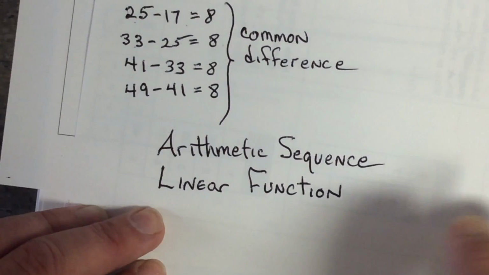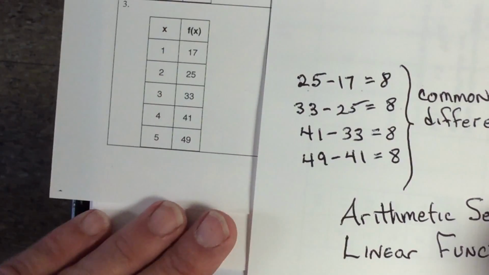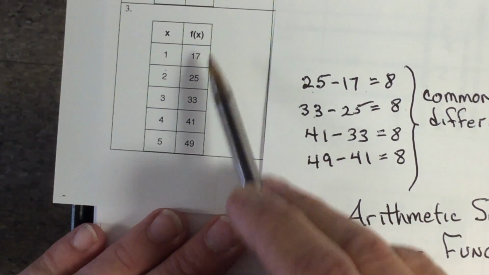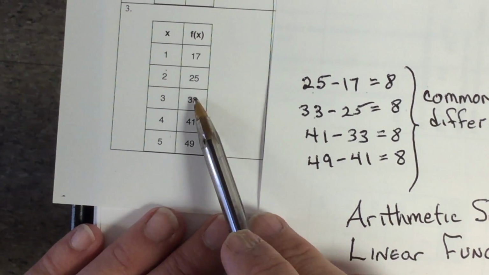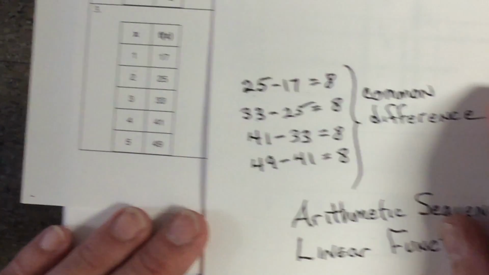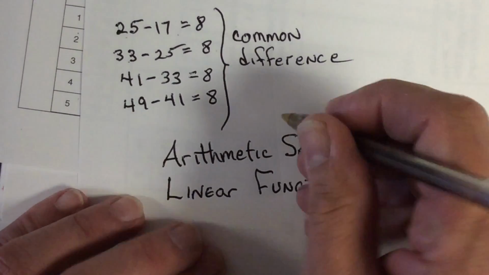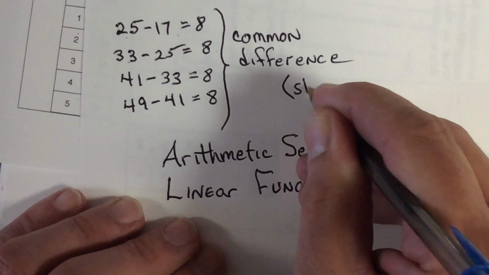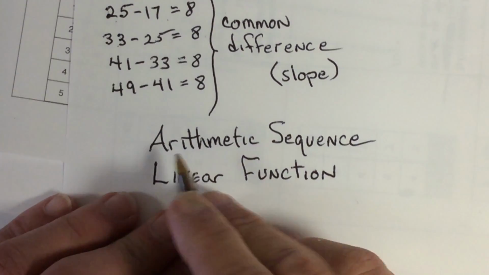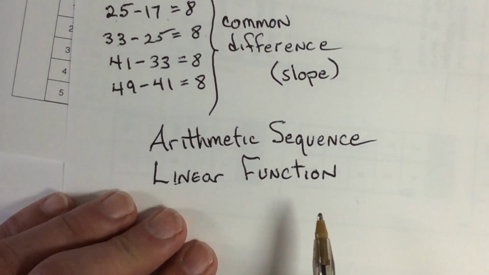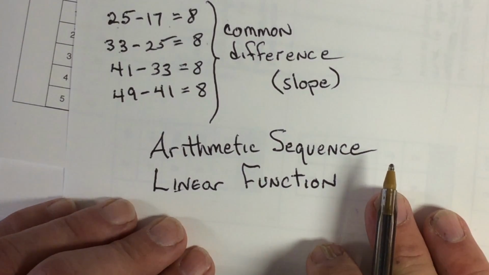If you take a linear function and you look at all of the input values and then all of the output values, you'll notice that from one to the next, they all have a common difference. And that common difference is the slope of the line that would happen if you graphed the linear function. So all of this is part of the same one thing.